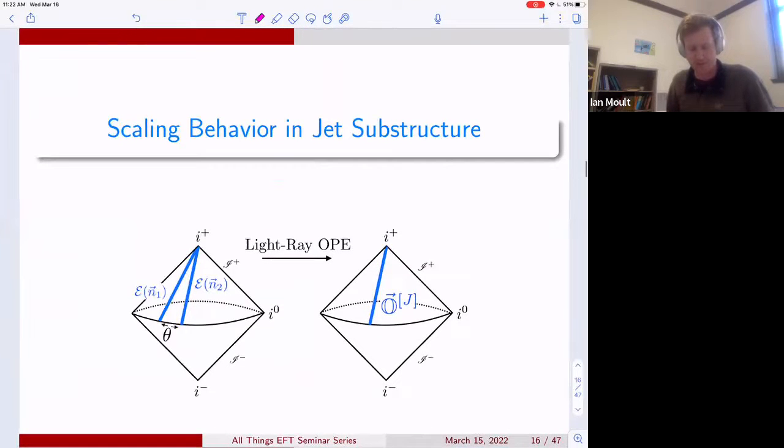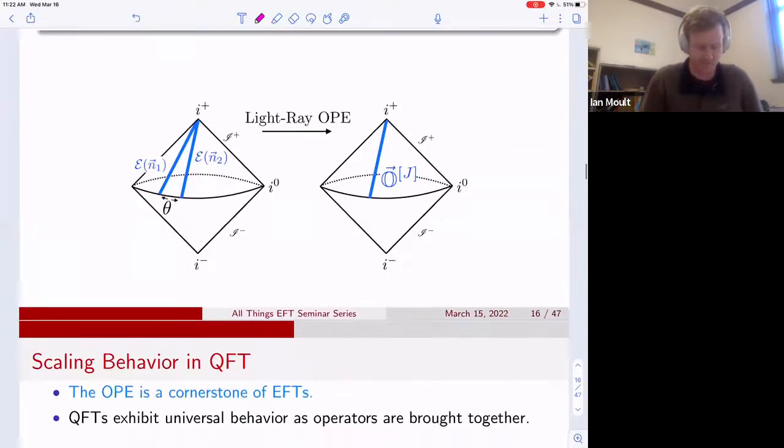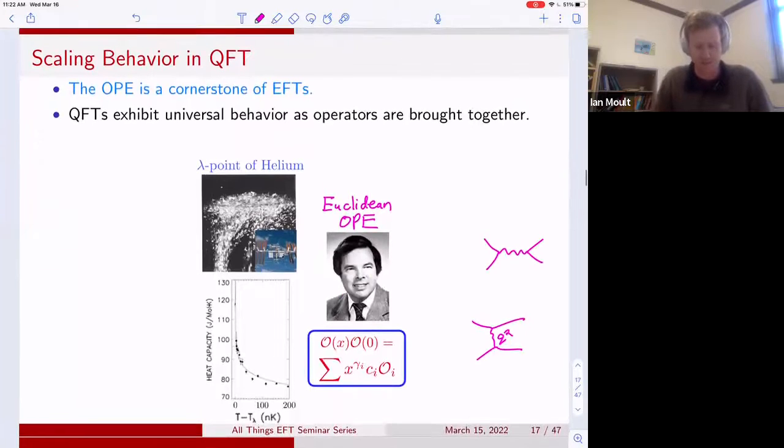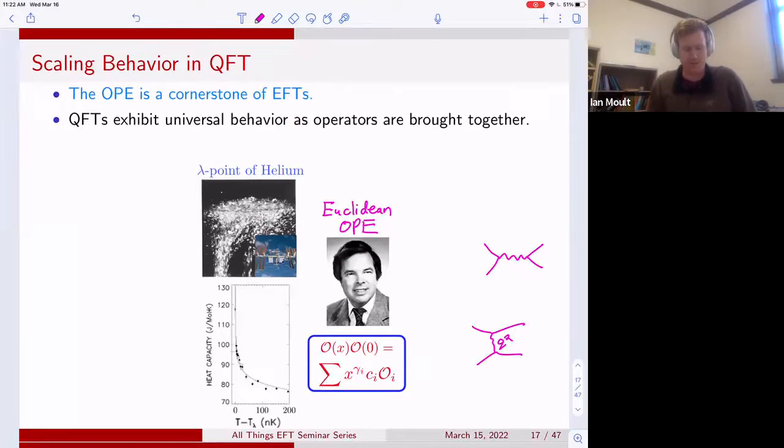Okay, so scaling behavior in jet substructure. The operator product expansion is a cornerstone of the way of thinking about effective field theories. This allows one to study things in the Euclidean regime, so something like DIS. In particular, as you bring two operators together, it tells you a universal scaling as a function of that separation.